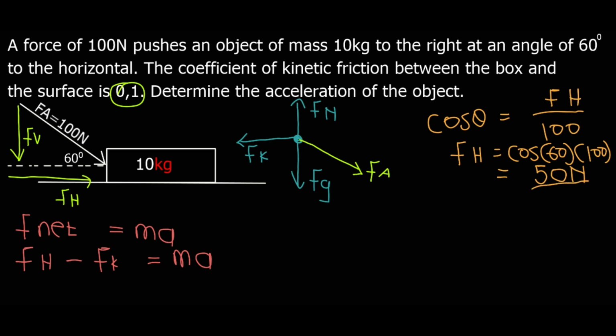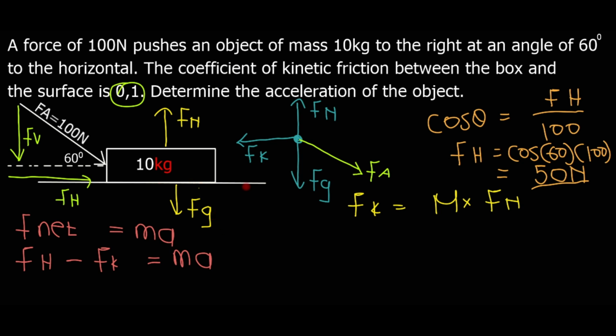And now we find the friction. Friction equals the coefficient of friction times the normal force. But first we must find the normal force. This is the normal force and this is the gravity. For the object here, the upward forces equal the downward forces.